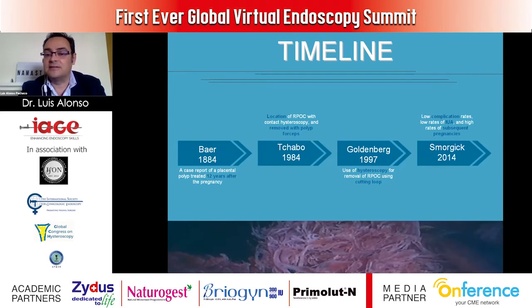Goldenberg, 1997, was the first to use the hysteroscope to remove that tissue using the loop without energy. And Smorgy presented the first meta-analysis with different studies. He saw low complication rates when we use the hysteroscopic approach.